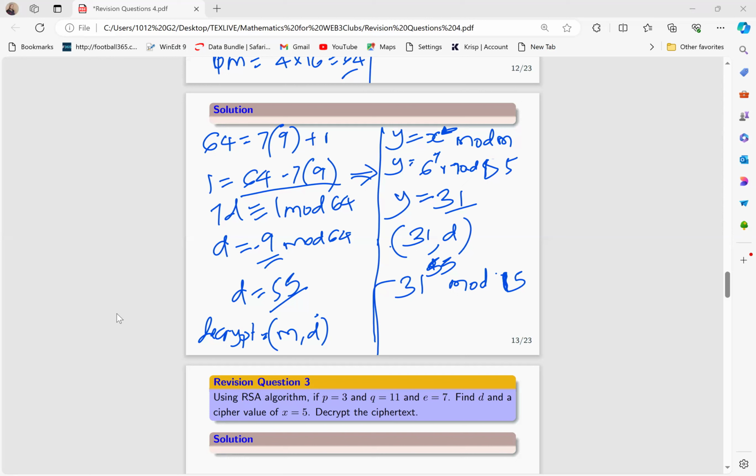Now, after he is done, the cracker, the intruder, will come in and say, from the public domain, I obtained the public key and the ciphertext.